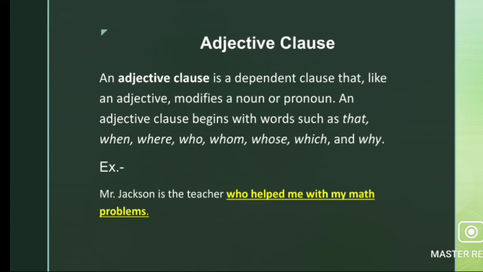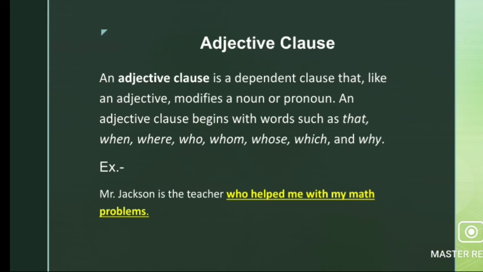Now children, let's see adjective clause. What's an adjective clause? The clause which functions as an adjective is called an adjective clause. Or an adjective clause is a dependent clause that, like an adjective, modifies a noun or pronoun.